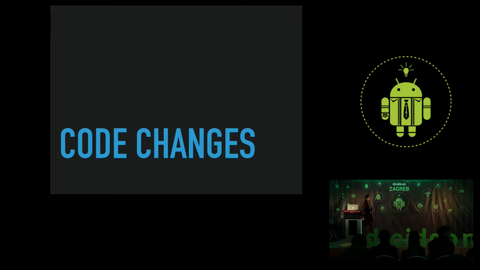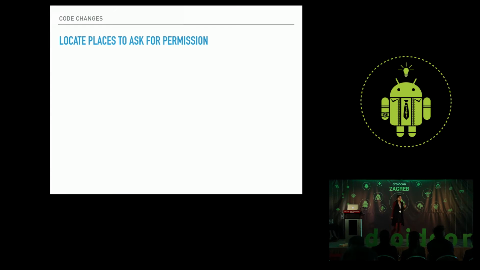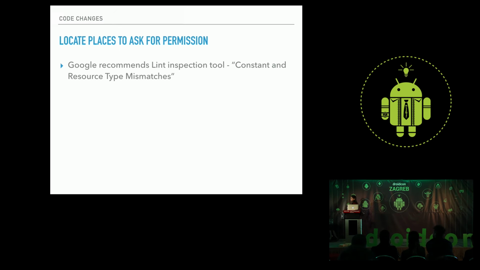Now let me show you how to adopt this new permissions model. There is no single place where you can find all the protected APIs listed. So you have to locate the places where you need permissions in your code. You can use the lint tool, and when you run an inspection, you will get your permission warnings under the constant and resource type mismatches.